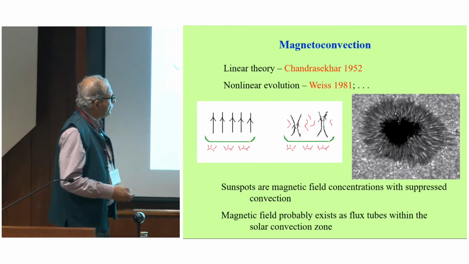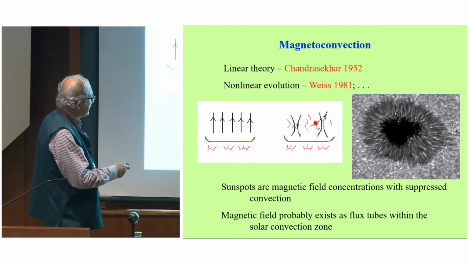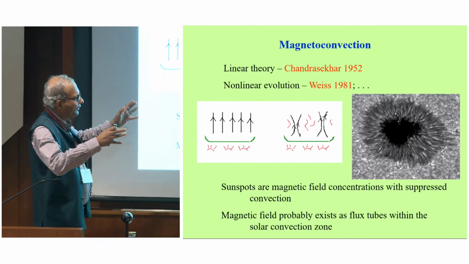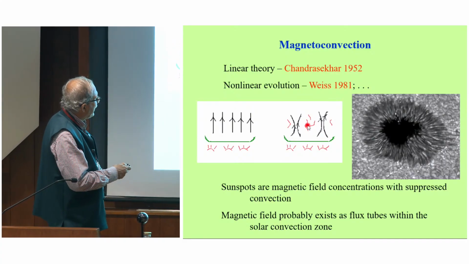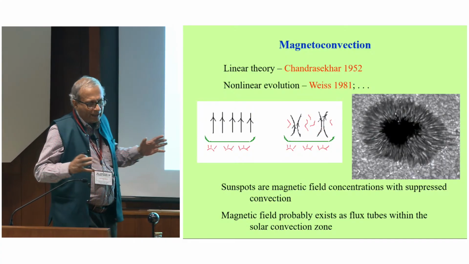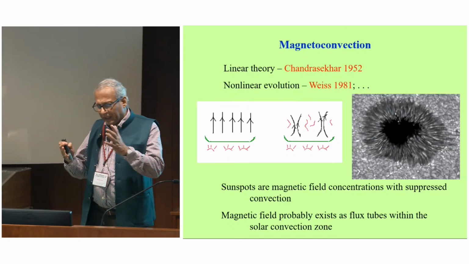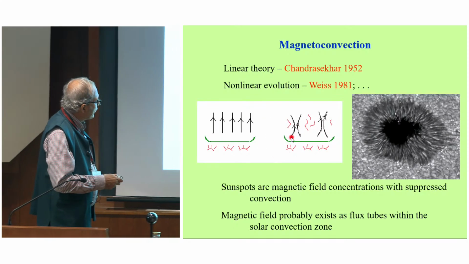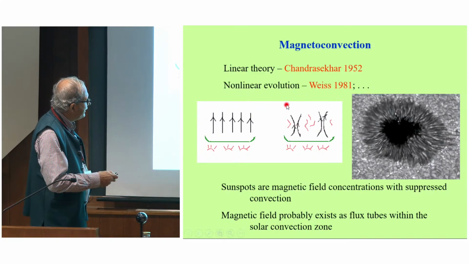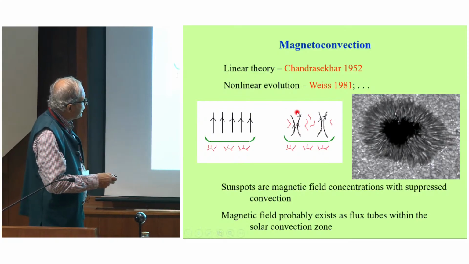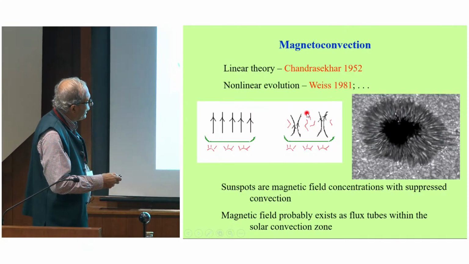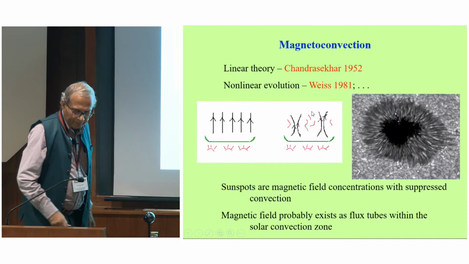So when you make the temperature gradient sufficiently high to start convection, nature finds it expedient to separate the space into two kinds of regions. In some regions, magnetic field lines are expelled and convection takes place freely, and in other regions, magnetic field lines get bundled up, and because of the tension of magnetic field lines, convective heat transport is inhibited in this region. So the tops of this region become colder than the tops of this region.